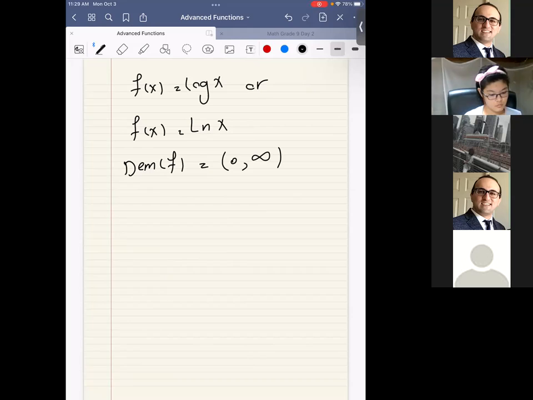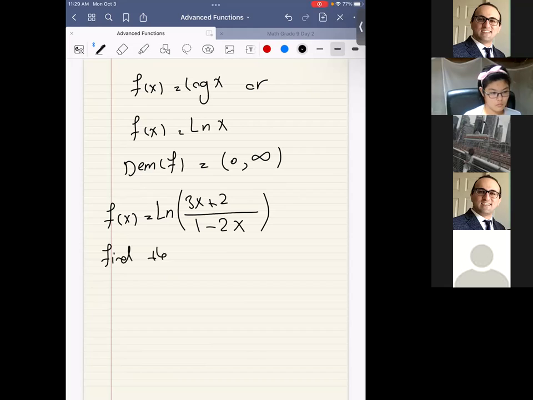So for example, if I give you this function, f of x is equal to ln of (3x plus 2) divided by (1 minus 2x), and I ask you to find the domain.